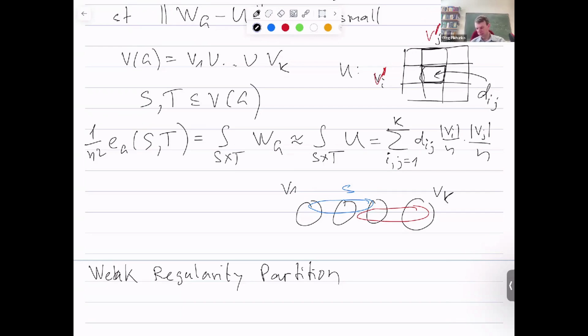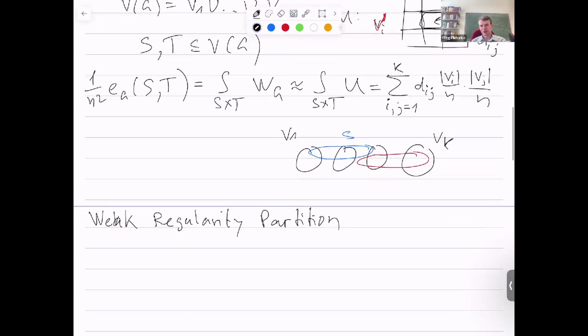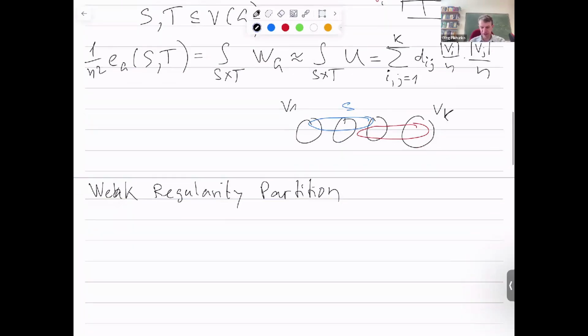In Szemeredi's regularity partition, we wanted to say for each individual pair something similar, or for most individual pairs, so it's a bit stronger. But it's very closely related, and even though it's a weaker property, you can still get many consequences.